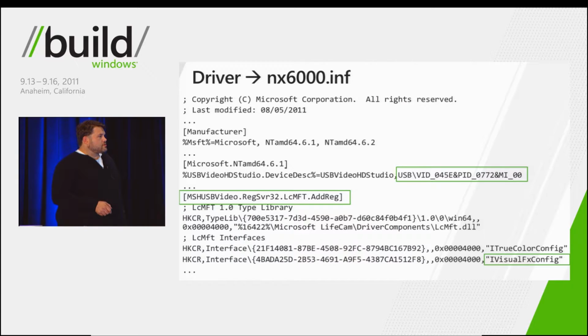And they're doing some registry additions where they let us know where the interfaces are to get access to, so that when it's time, we can dip into their driver in the appropriate place in their driver package, which really is going to be installed as a set of DLLs, as you can see here, to find, for example, the visual effects and how to configure those visual effects.